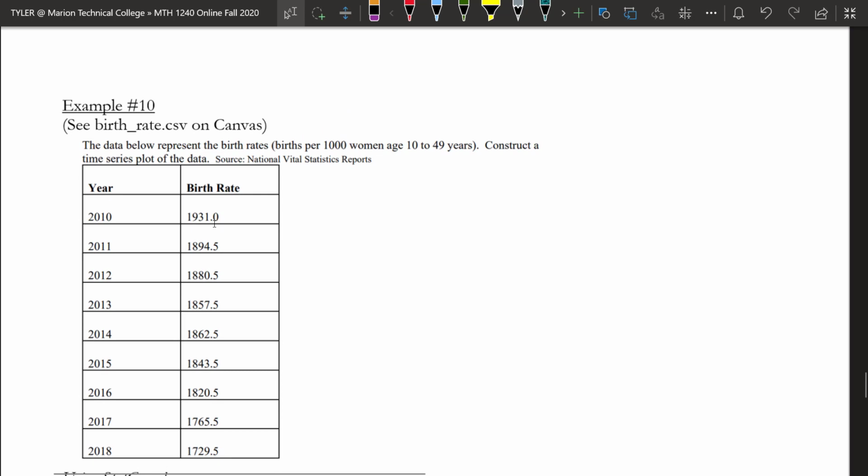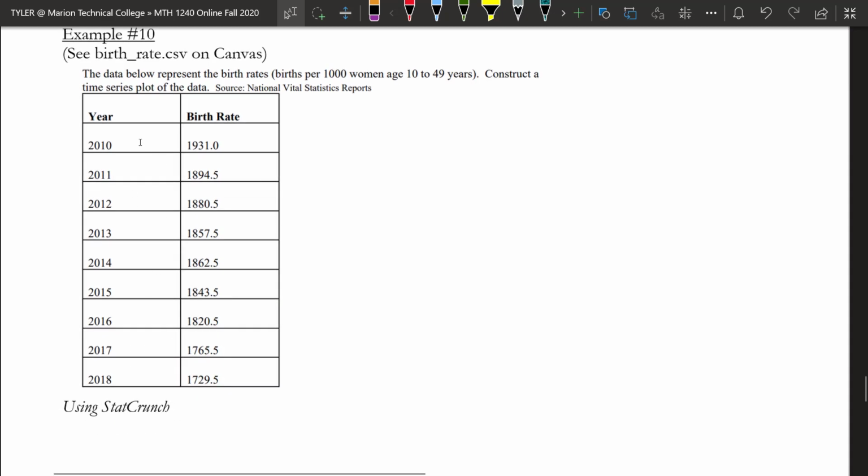So now what I would like to do is create a time series plot for the birth rate data on Canvas, and this data is also shown here.